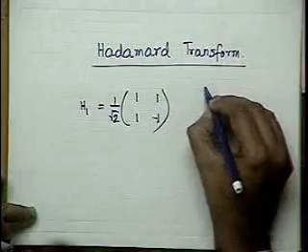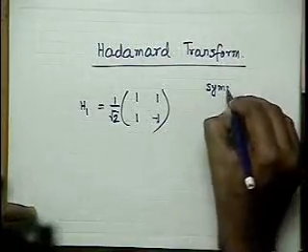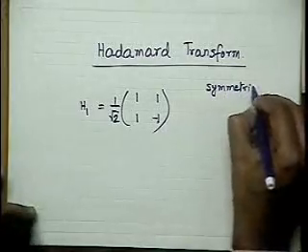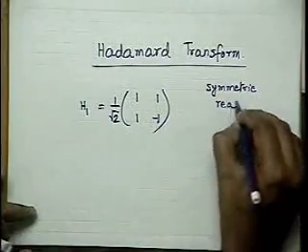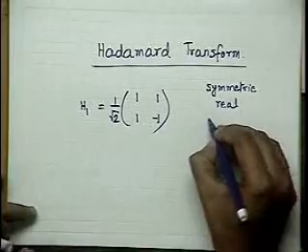Then H1 and H1 transpose are also equal, and H1 is equal to H1 transpose, and that is the same as H1 inverse. So the matrix which is now formed is symmetric, it's real, and it's orthogonal.